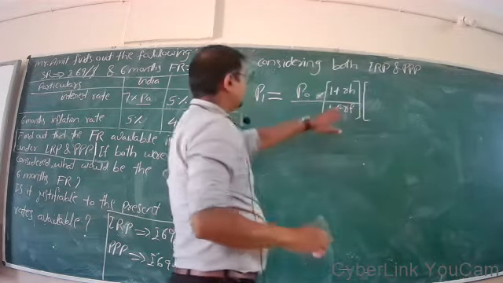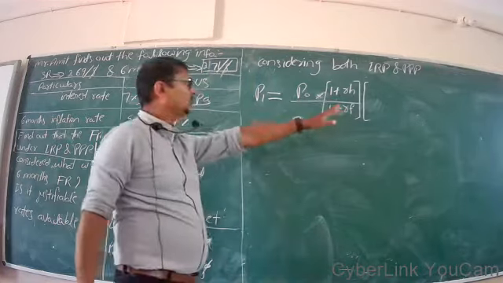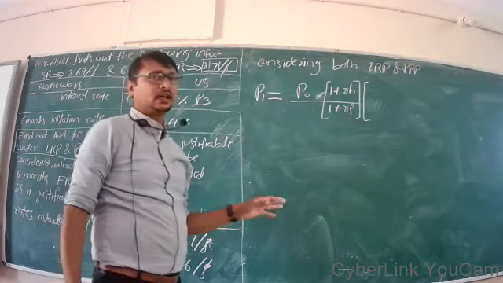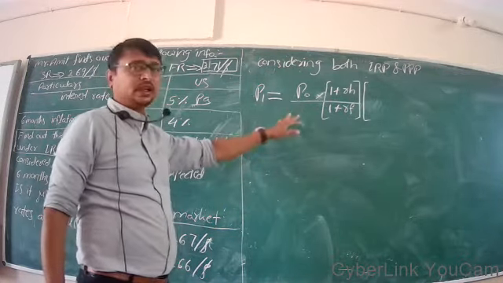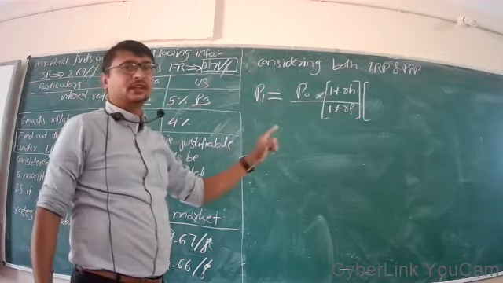This is the interest rate parity theory: P0 into 1 plus RH divided by 1 plus RF. So this is the IRP theory, and we are combining both the theories now.